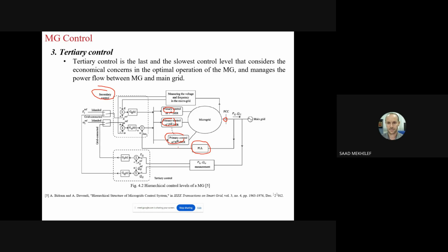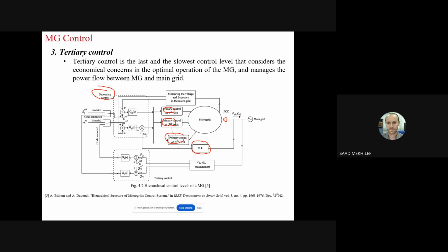So we may have an MPPT control for this photovoltaic system, and that maintains the voltage level that can be generated. If you have a wind turbine as another DER, you can also have an MPPT control. You may have a pitch control, for example if the wind speed goes very high, to maintain the power that comes from the wind turbines.